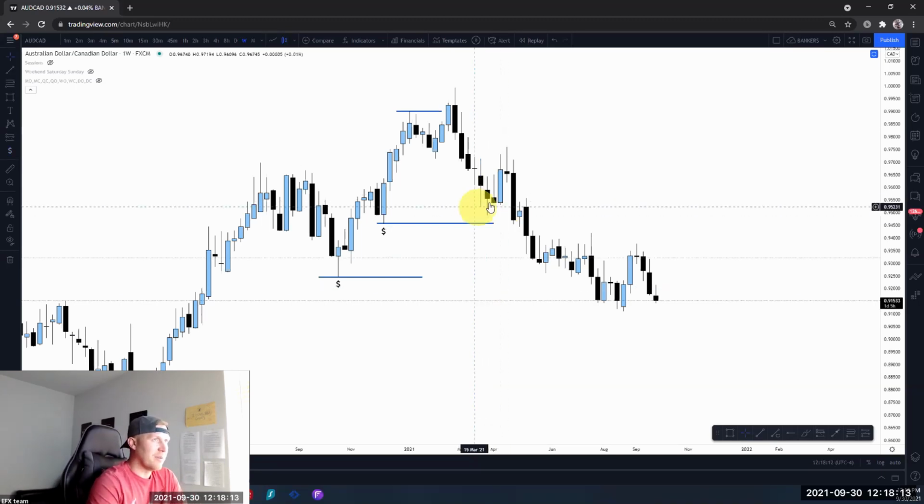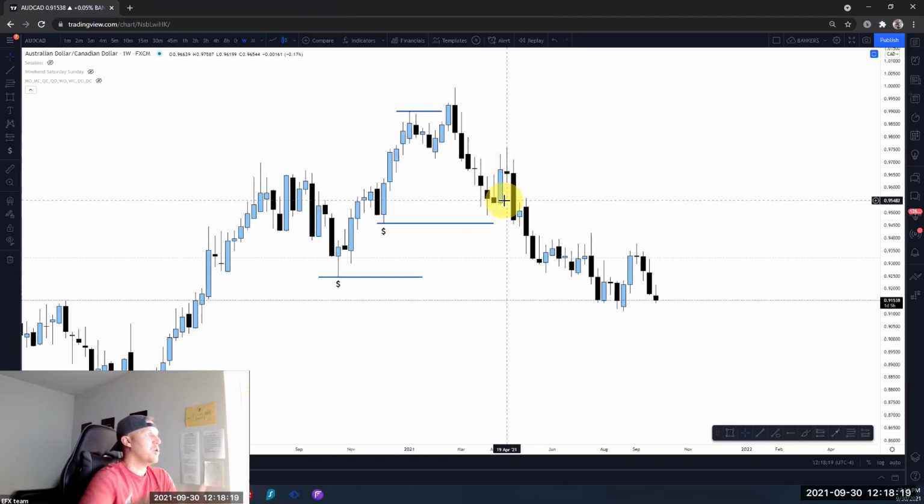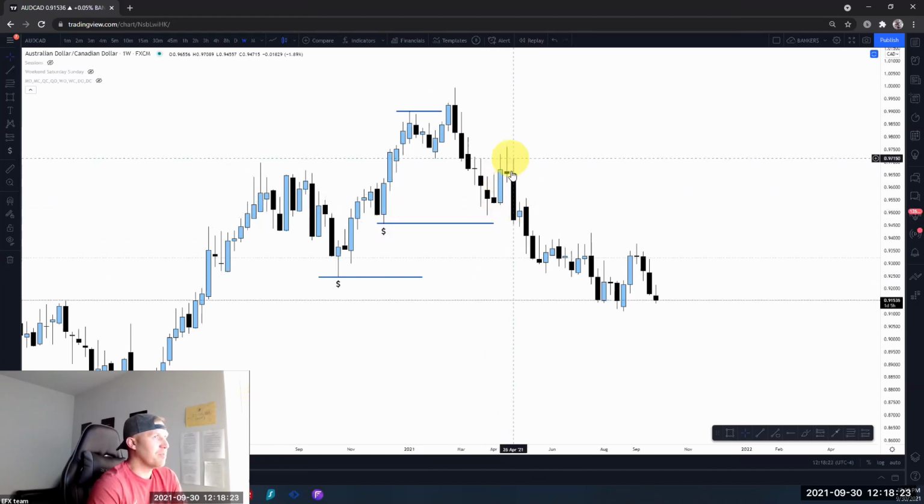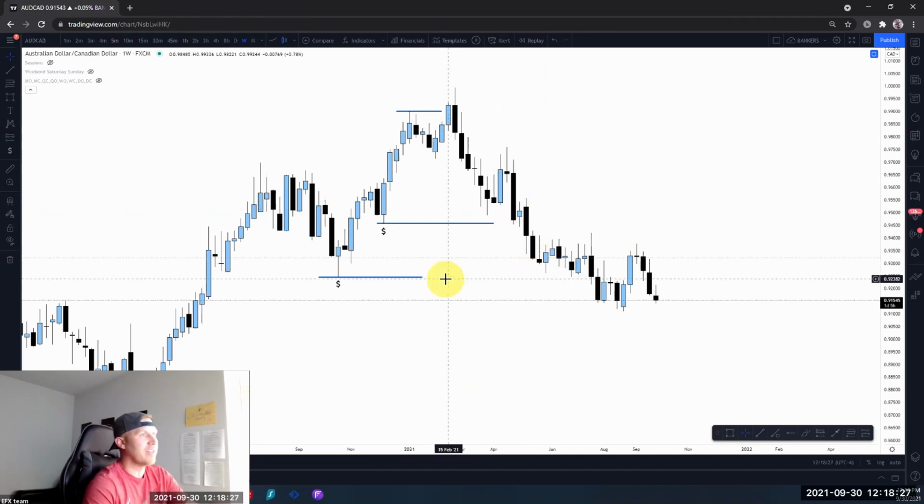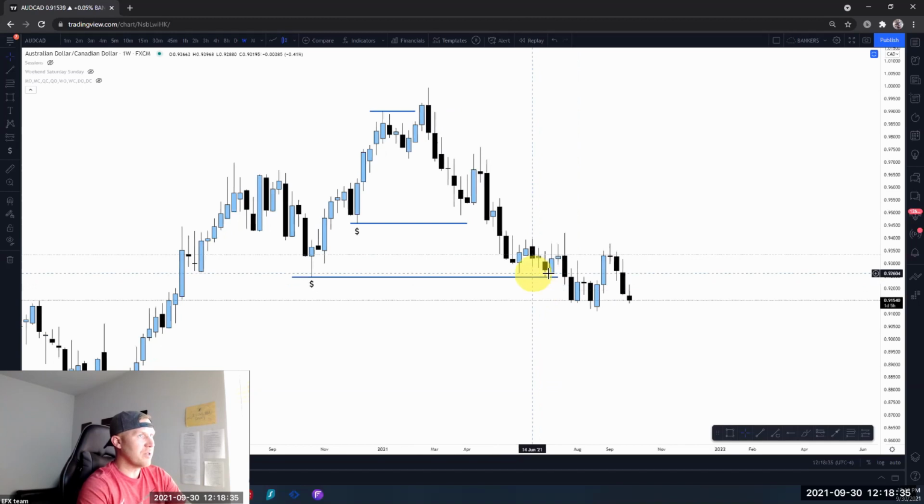Or you might see something like this where this one didn't, but let's say it jammed below and took this low and then started reacting from it quickly. That's typically what you're going to see. So this low here, price just jammed right through it and just kept working. And then when we got to this area, it basically did the same thing. It ended up making relative equal lows, then making equal lows.